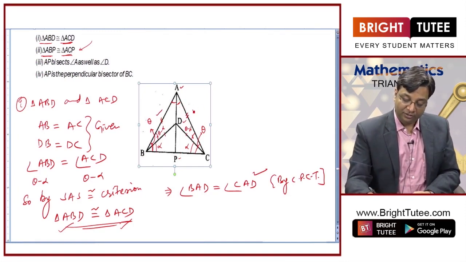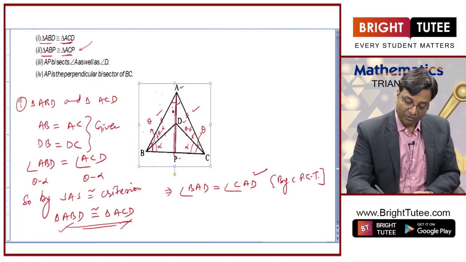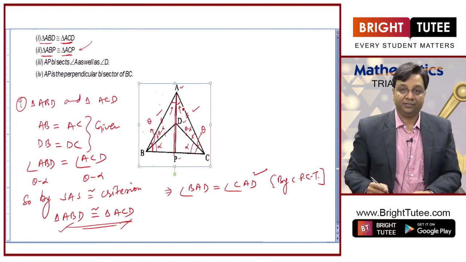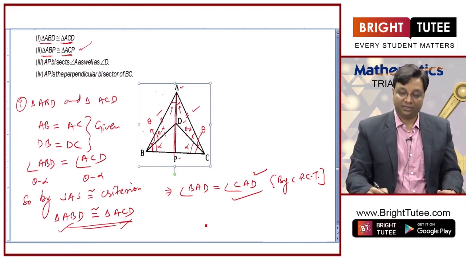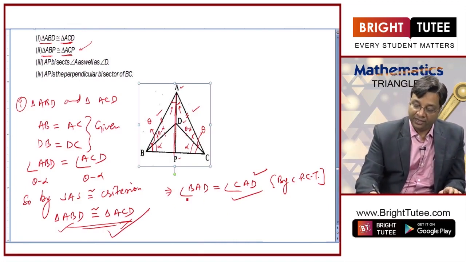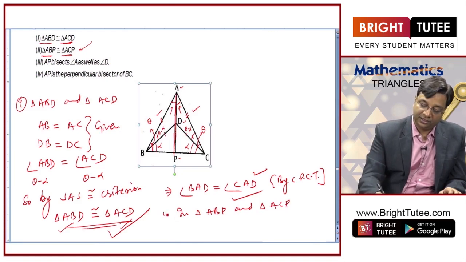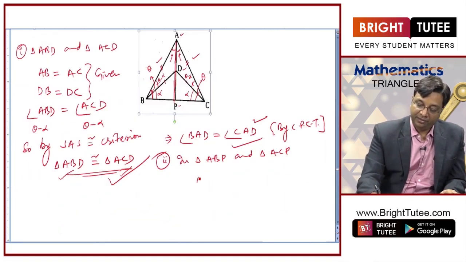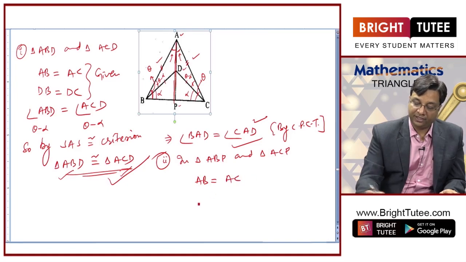So, these two sides are already given as equal. This side AP I will take as common side. I was just looking for the angle included between these. Now, I have found these angles as equal because of this congruence here. So, now in triangle ABP and triangle ACP, this is the second part. AB is equal to AC, it is given, right, and AP is equal to AP, common to both the triangles.